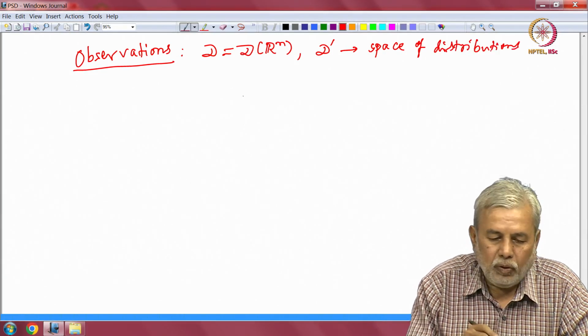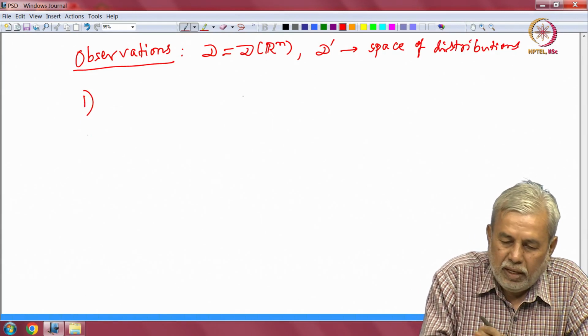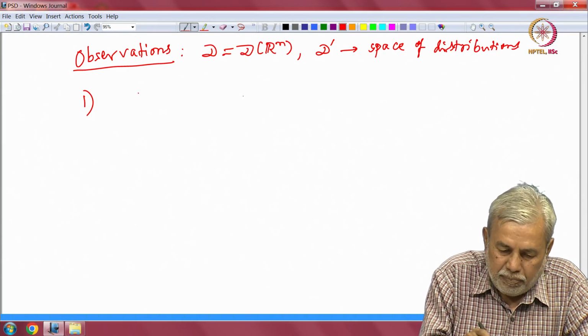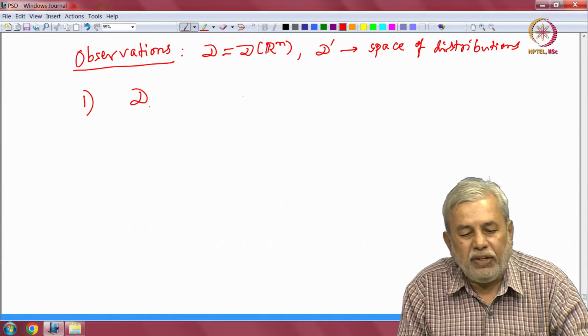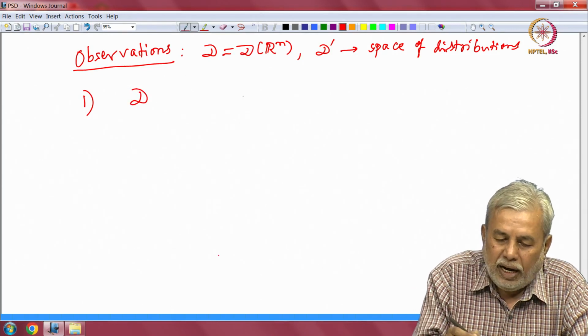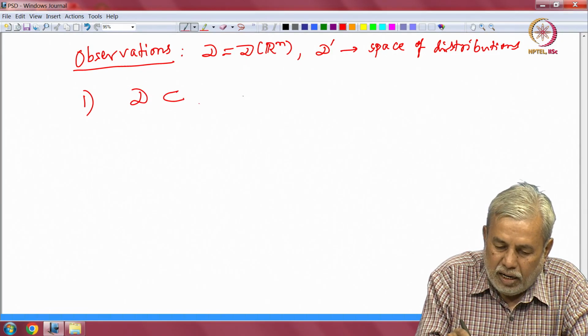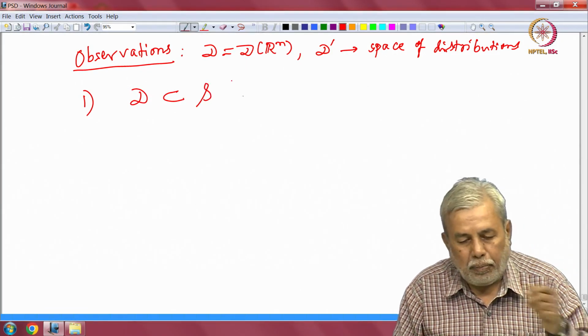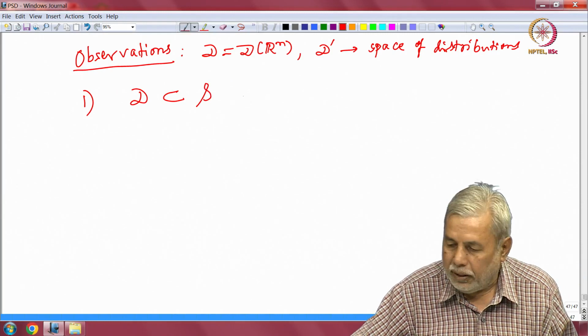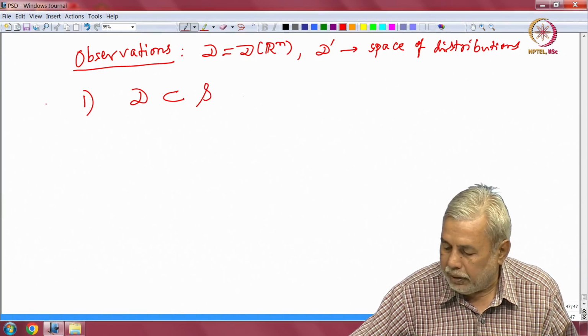The first one: this D consists of all C infinity functions with compact support, whereas S consists only of C infinity functions with some properties.